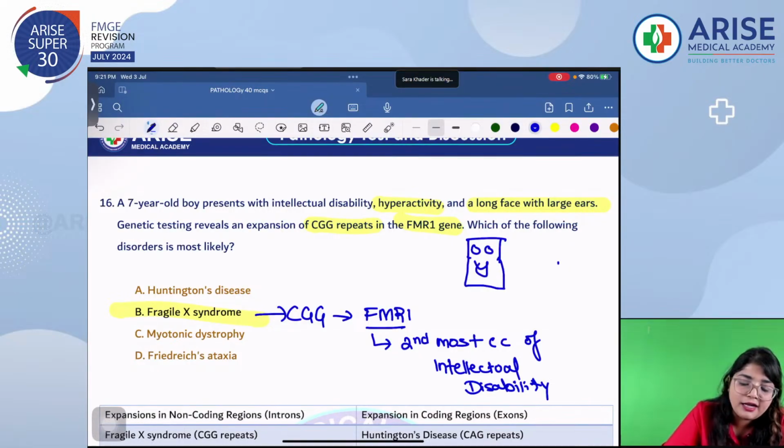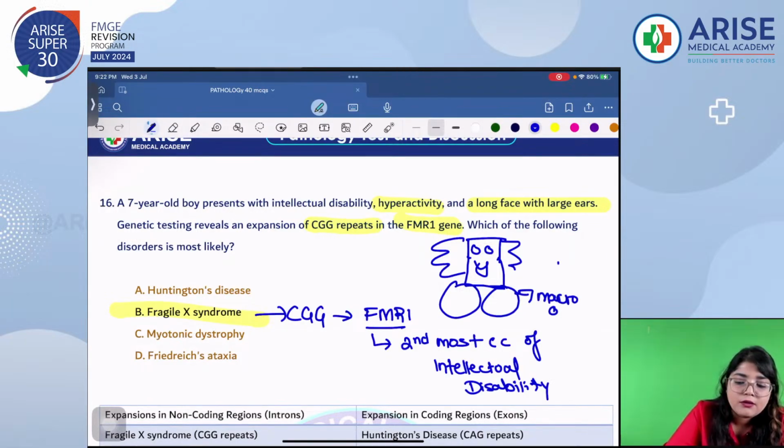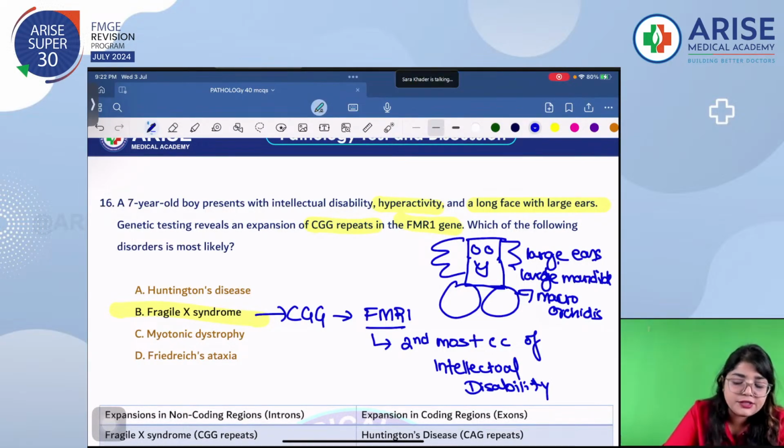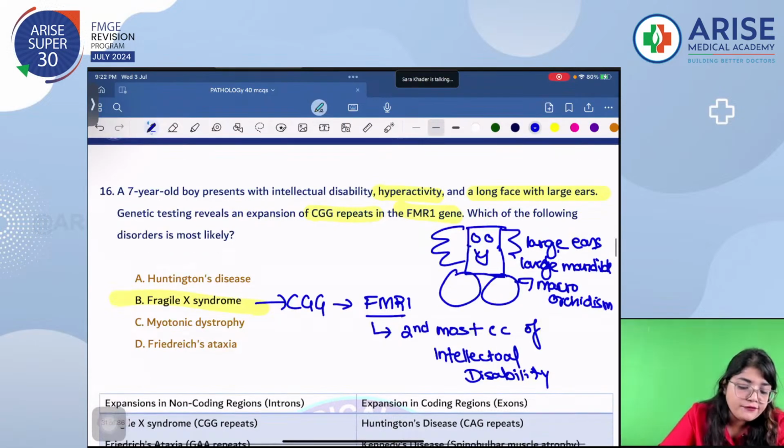This is the boy with the large mandible with elongated ears, and he has very big testes, okay? So macroorchidism, large ears, and large mandible. These are the clinical features of your Fragile X syndrome.